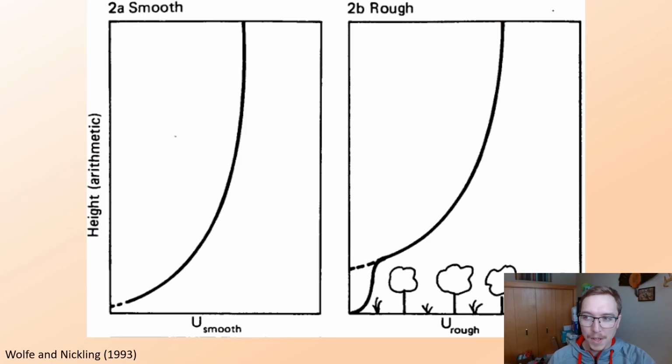We can see this expressed by a figure in a seminal work by Stephen Wolfe and William Nickling in 1993. We can see that wind increases rapidly until it reaches that free stream velocity that we see here, highlighted by my pen. However, when the surface is much rougher, in the case that we see off on the right here, the boundary layer is displaced, and the bottom of the boundary layer is displaced vertically to roughly the top of the roughness feature.